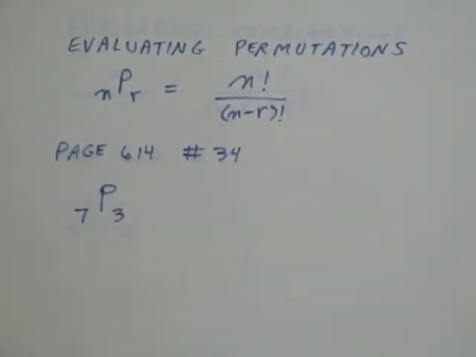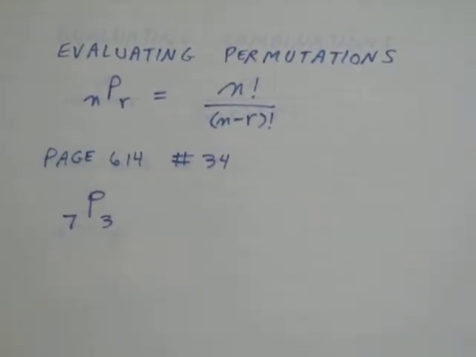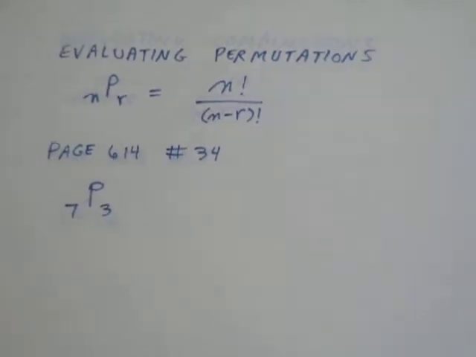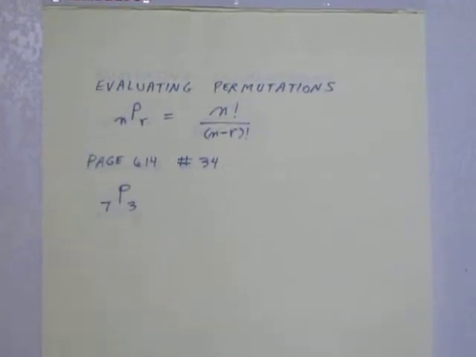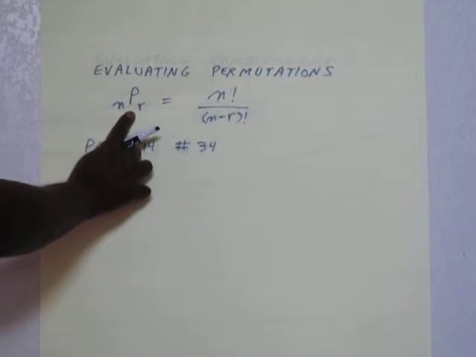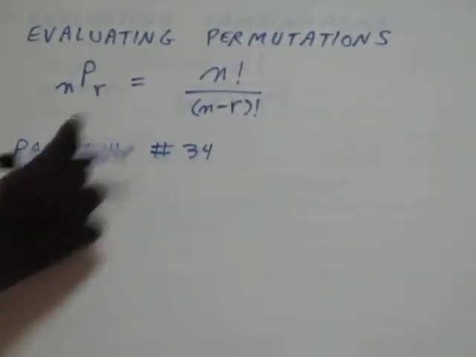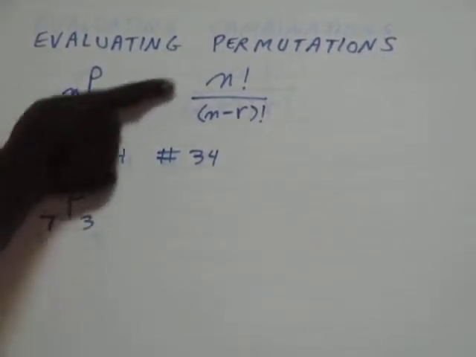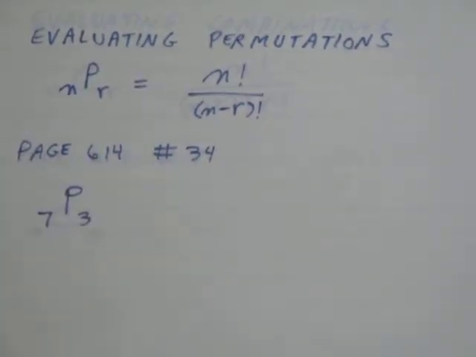The next problem is also on page 614, and it is problem number 34, and it deals with evaluating permutations. Permutations are possible arrangements of objects. The formula and the symbol, this is read, permutations of n things taken r at a time. And the formula says that this is equal to n factorial over n minus r factorial.